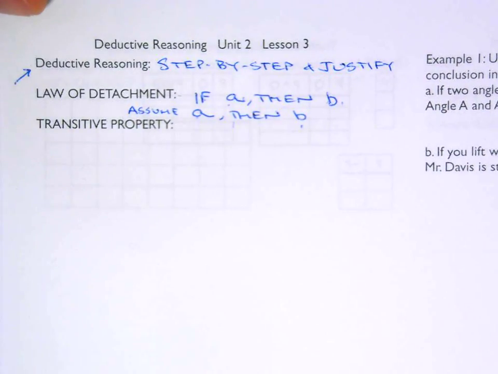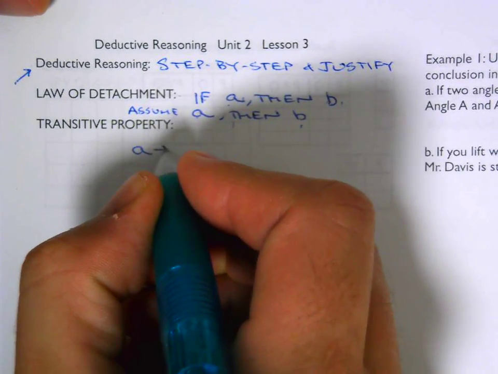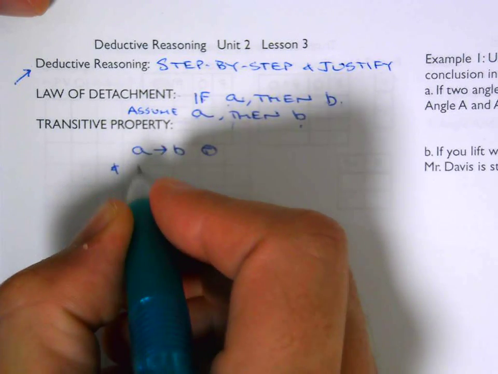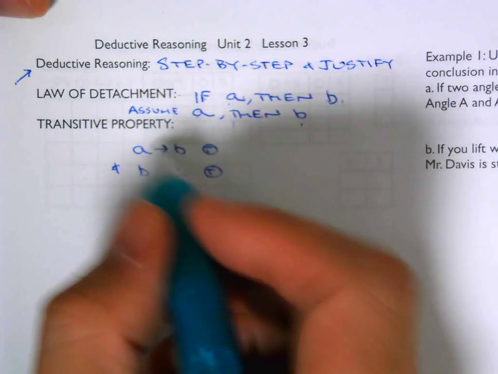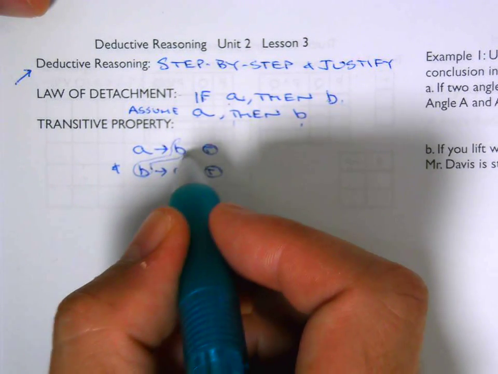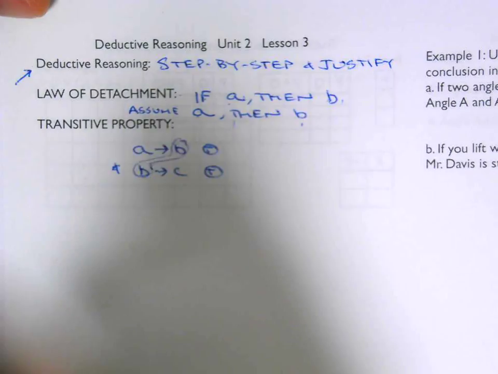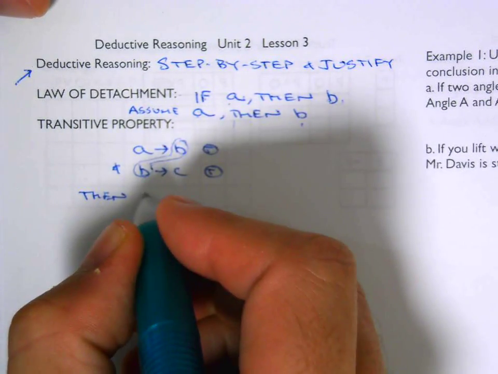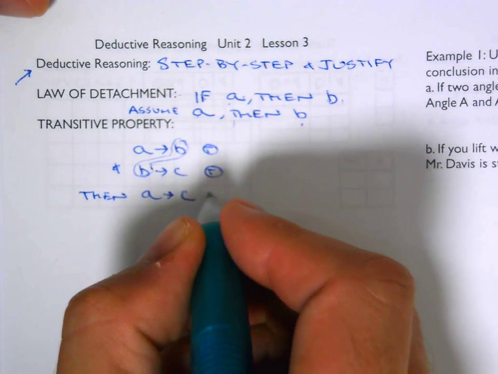The transitive property goes like this: if A then B is true, and if B then C is true. So you have this connector here, this chain. This is also known as the chain rule. Then we can conclude that if A is true, then C is true.